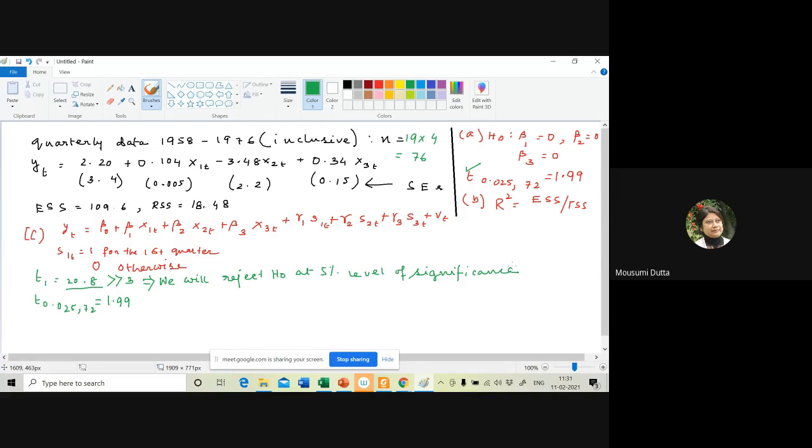Next, in a similar manner, first please derive T2 and T3. The absolute value of T2 is 1.5.